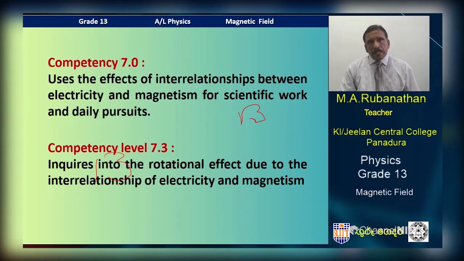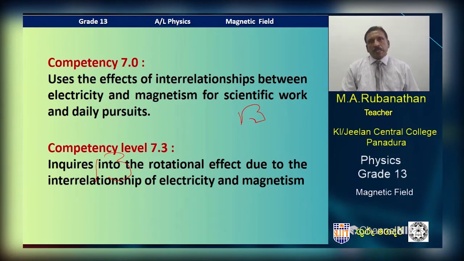In the previous lessons, competency levels 7.1 and 7.2, we covered the force on a conductor in a magnetic field, the magnitude of the magnetic flux density, and related questions. Now we go to the rotational effect due to the interrelationship of electricity and magnetism.